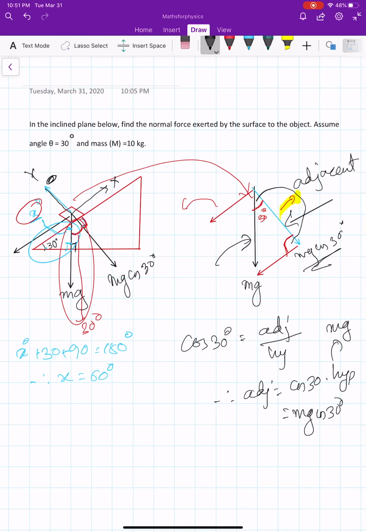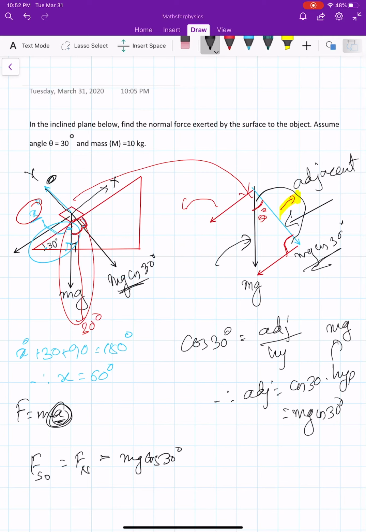Why should the force be 0? Because if the force was not 0, the body must have accelerated, by Newton's second law, but it didn't accelerate, it is not moving, that means the force is 0, right? So the total force by the surface on the object, which is also the normal force, should be equal to mg cos theta.